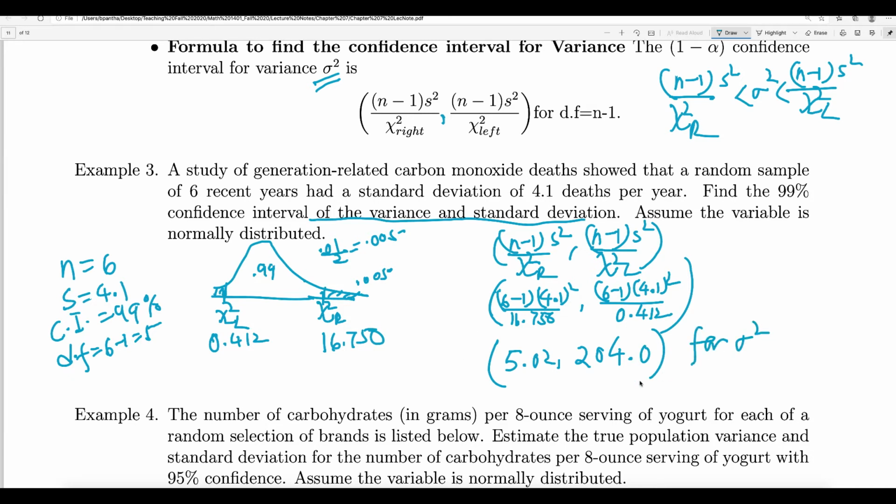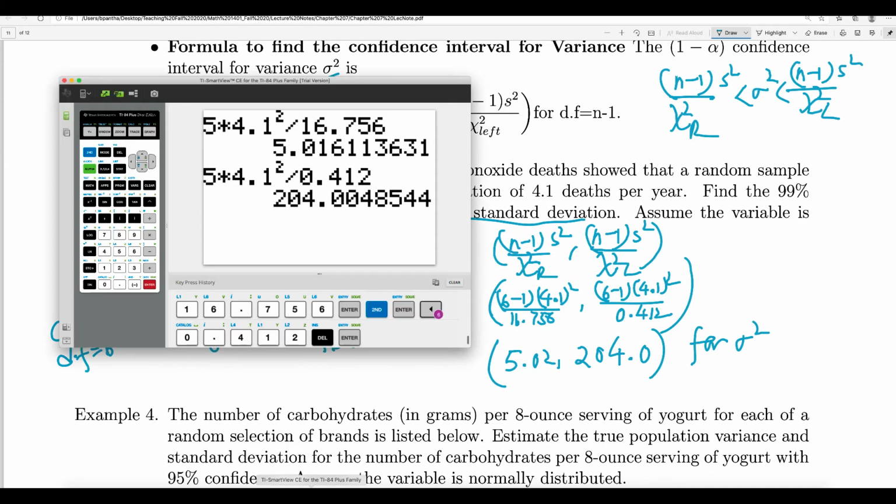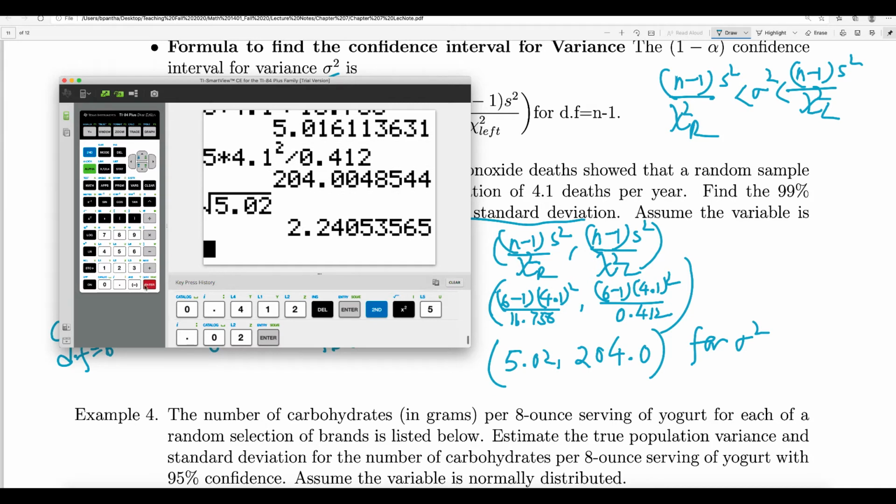But to find the value for sigma, you need to take the square root of this and that. For sigma, you need to take the square root of the variance. The square root of 5.02 is 2.24.